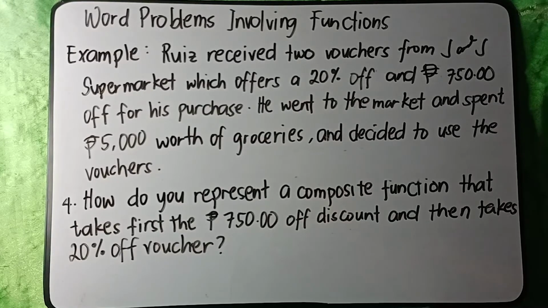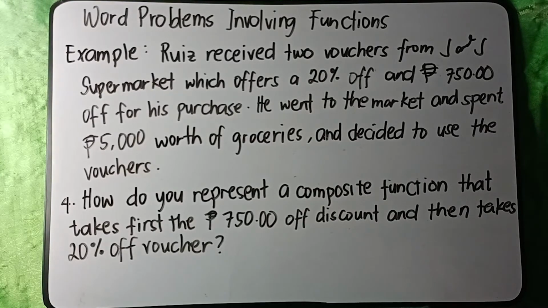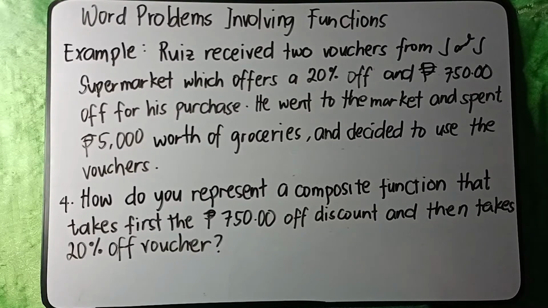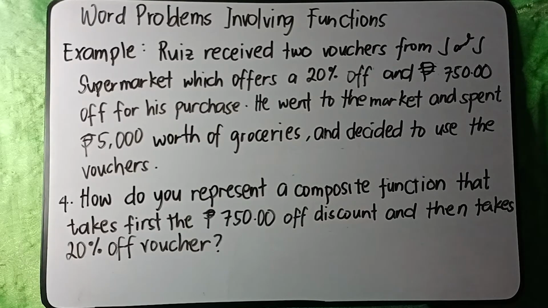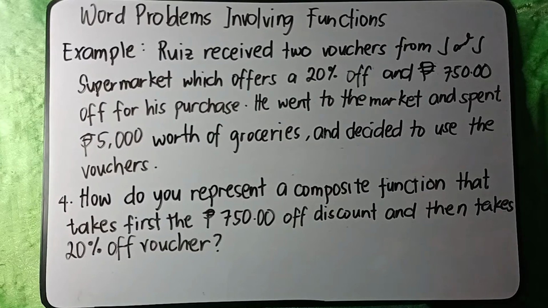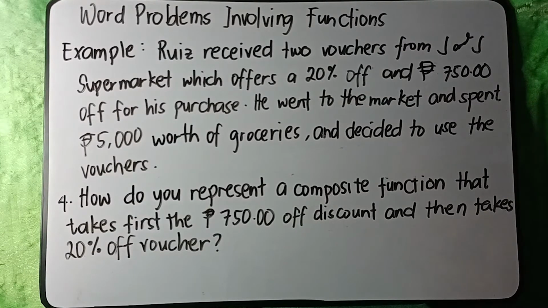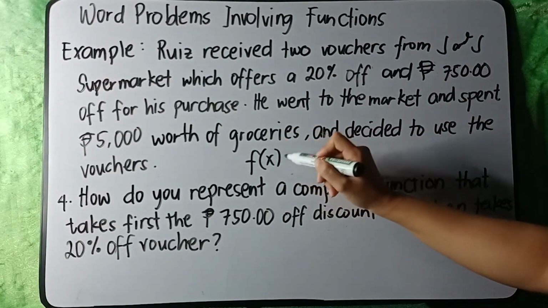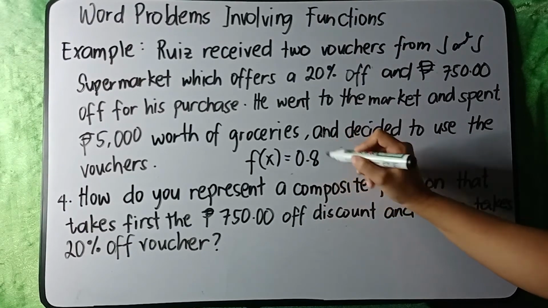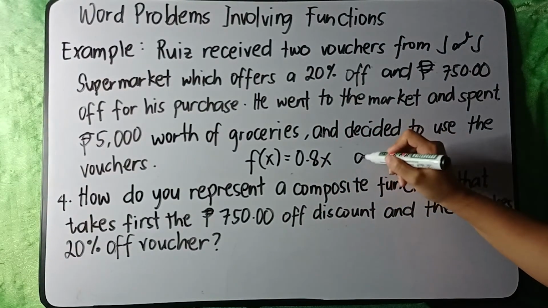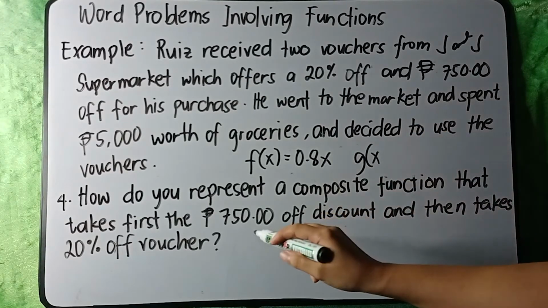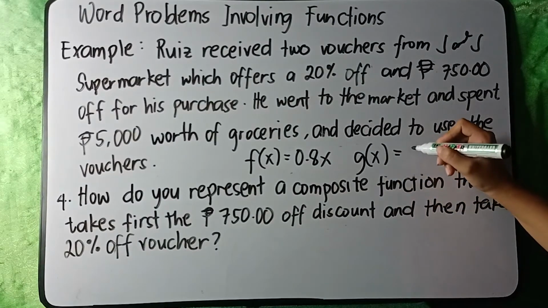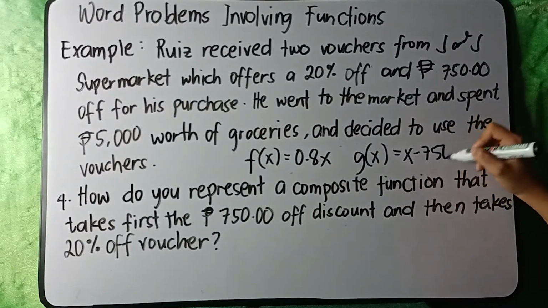Fourth question is, how do you represent a composite function that takes first the 750 pesos off discount and then takes the 20% off voucher? For number 1 and number 2, we already have the functions that represent the 2 vouchers. So we have f of x for 20% off, which equals 0.8x, and for the 750 pesos off discount, we have g of x equals x minus 750.